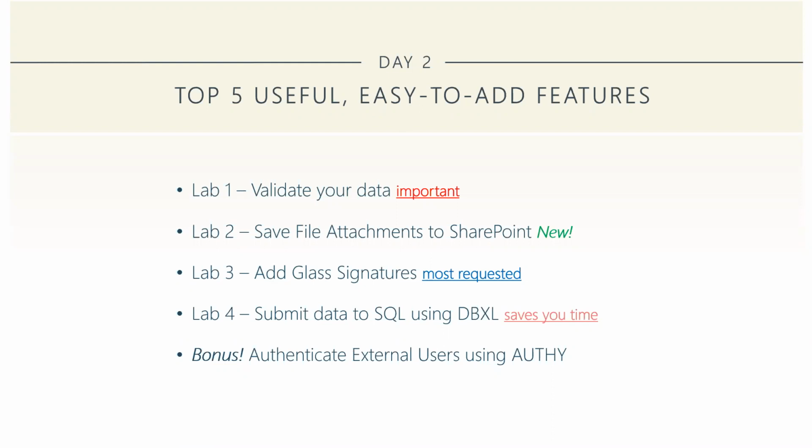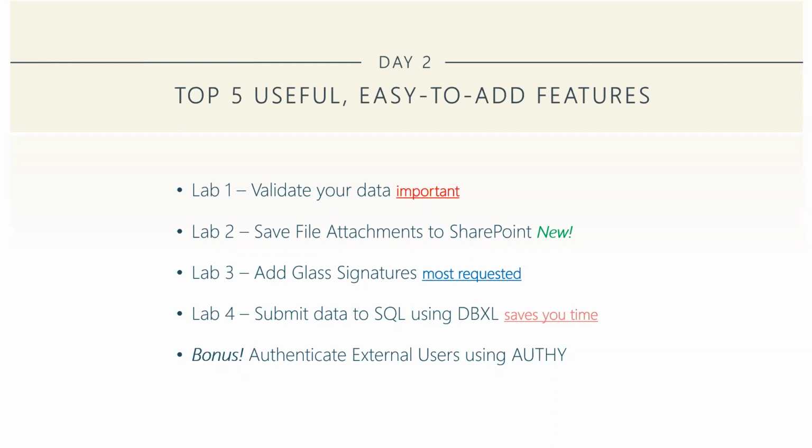So, and next is lab 4, submitting data to SQL using DBXL. And this is also one of the most frequently used XTP. We developed DBXL in 2004, mostly for helping people to submit data to SQL using the Qdabra web services. But in order to do that, you need to configure data connections and everything.